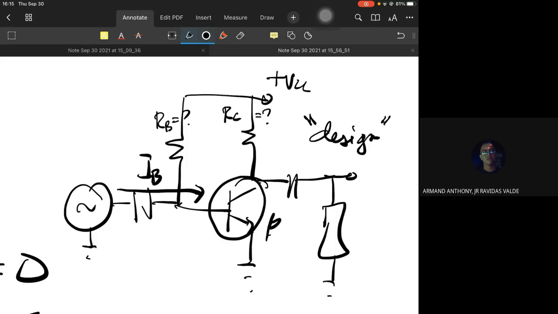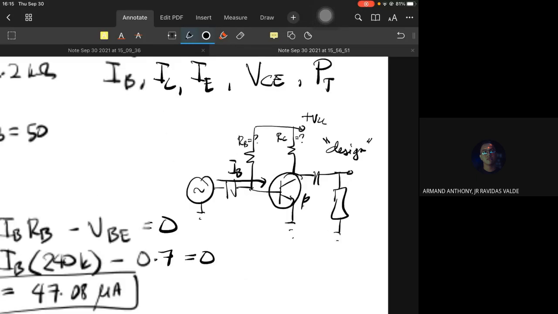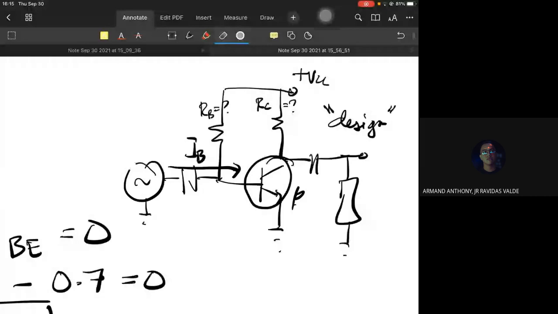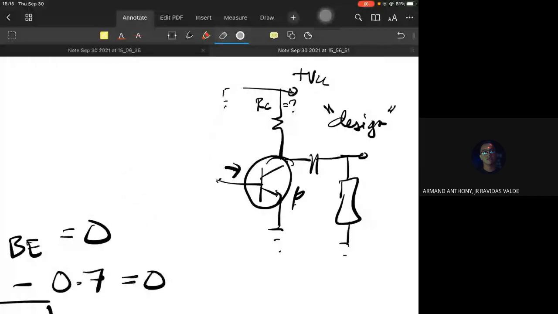Ano sa design problems posible lahi answer. Pero kung analysis type of problem just like this one, for example, isa lagi na siya definite. Pwede, no? Pwede sa design problems lahi mo mga answers.